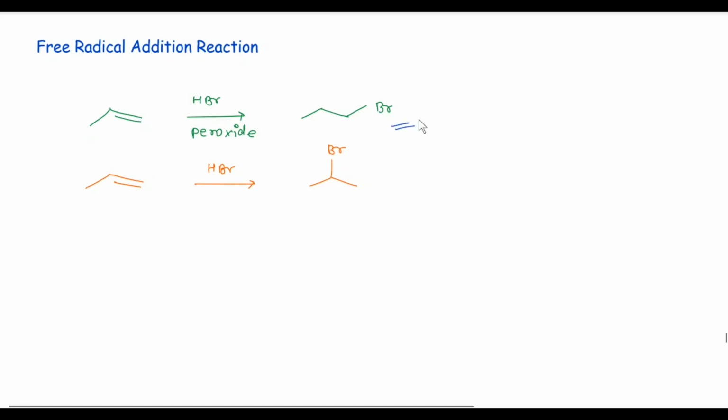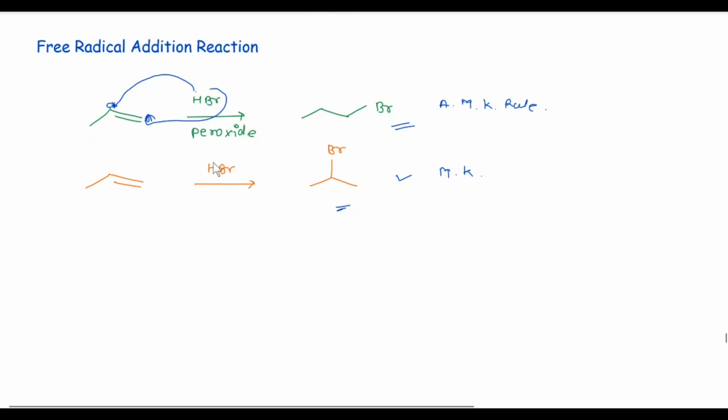This reaction follows the anti-Markovnikov rule, and this reaction follows the Markovnikov rule, and we get this as a major product. In anti-Markovnikov addition, hydrogen ends up on the carbon atom which has less number of hydrogens, and bromine ends up on the carbon atom which has more number of hydrogens.